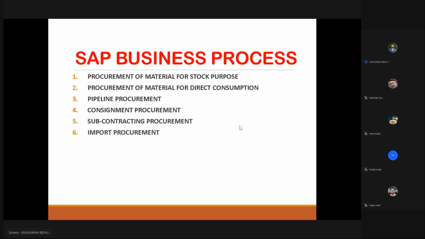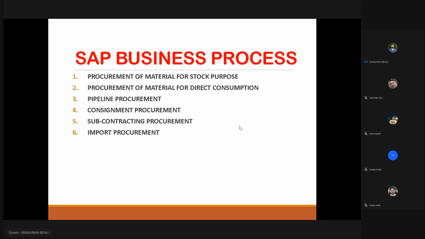Now the next one is import procurement. Import procurement is when you import material from outside of your country, for example from an overseas vendor. But in S4 HANA, the concept of import procurement has moved to another module, the GTS system, the Global Trade System.